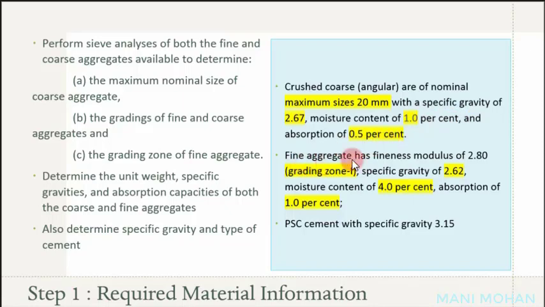When we talk about fine aggregate, it comes under grading zone 1 with specific gravity of 2.62. Moisture content is 4% with absorption capacity of 1%. Portland slag cement is being used, which has a specific gravity of 3.15. This material information you need to collect in order to start with the mix design.